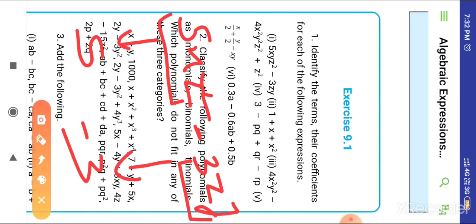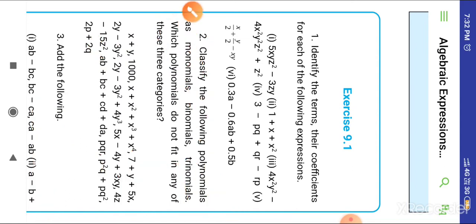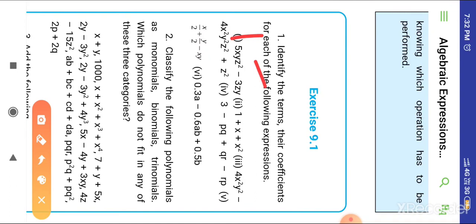Now we can reduce this number as minus 3 by 2. So it is the solution of the first part of question number 1.